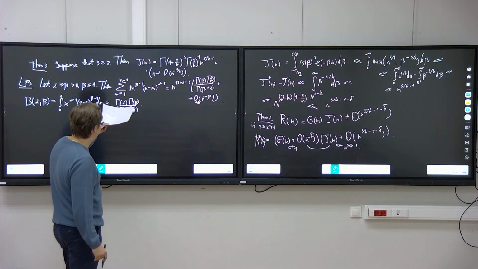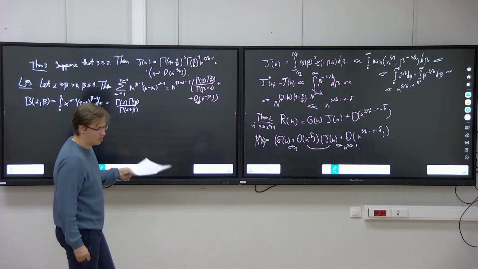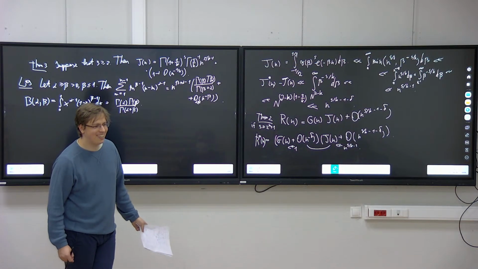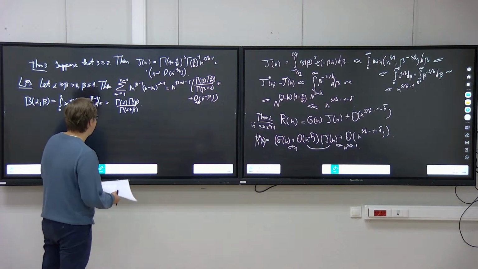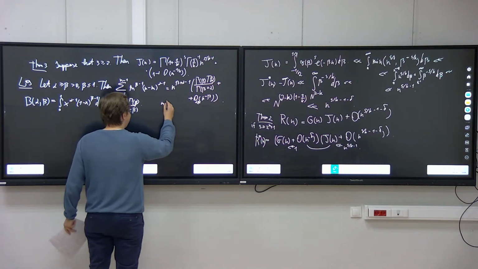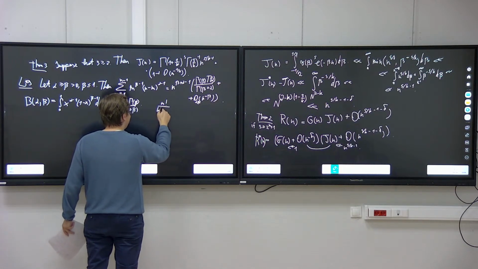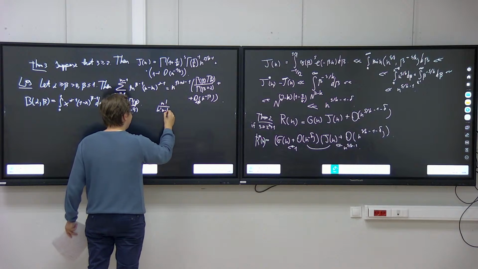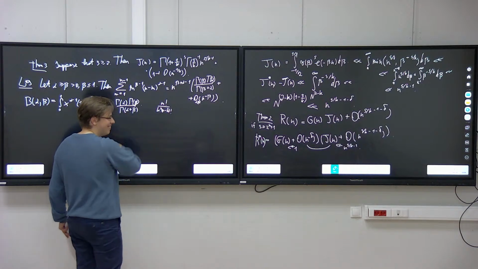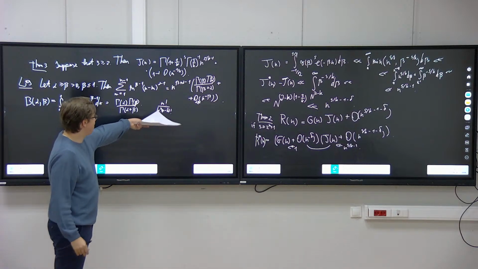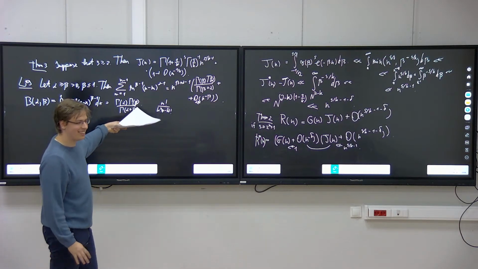I heard from some lecture that it's a bit similar to the binomial coefficients formula, but I don't think so, because for binomial coefficients you have a product of two in the denominator, and here it's inverse, but from this it's easy to remember.